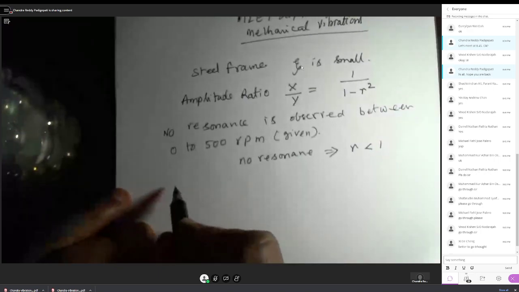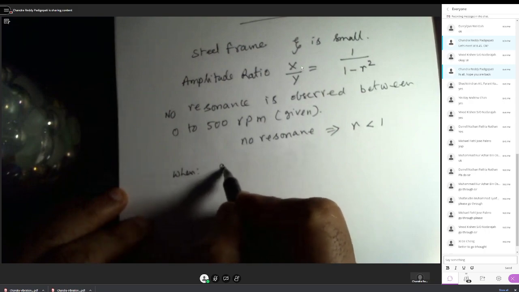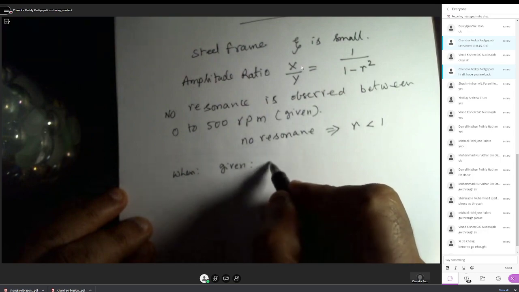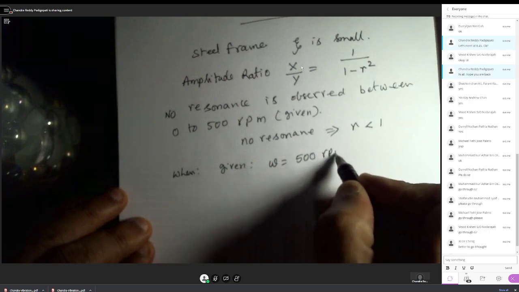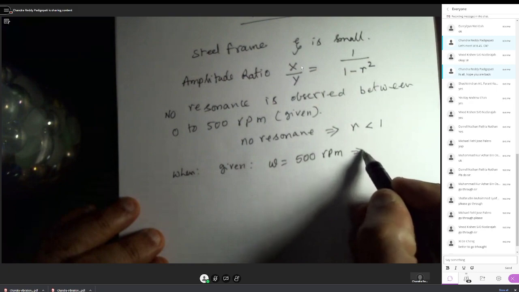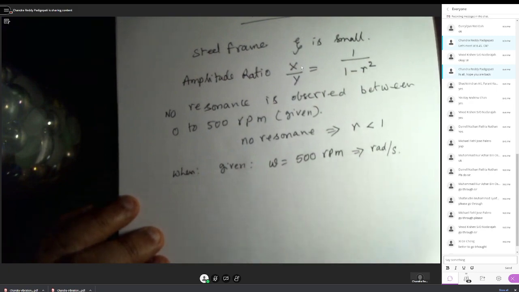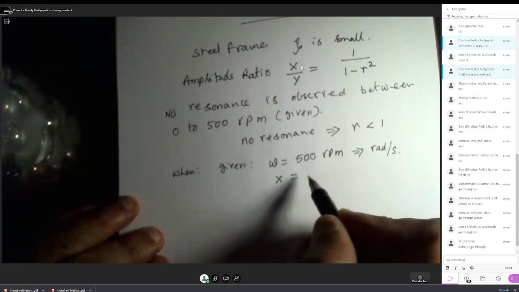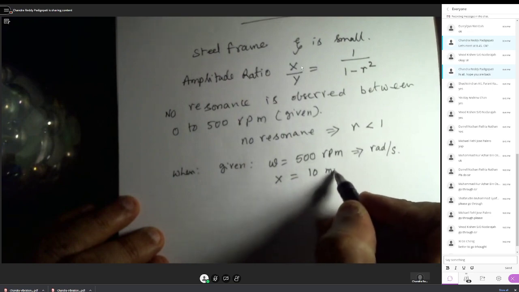Okay, so given omega is 500 RPM, when omega is 500 RPM, convert this into radians per second. Okay, x is equal to the amplitude measured, which is 10 mm.